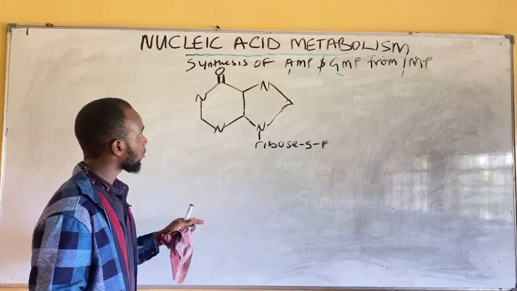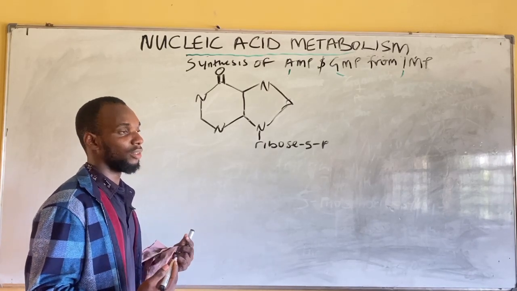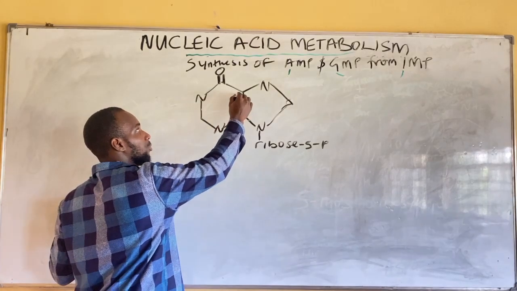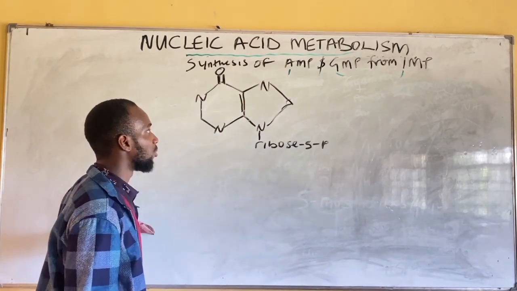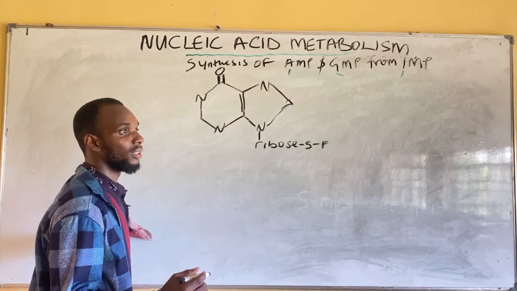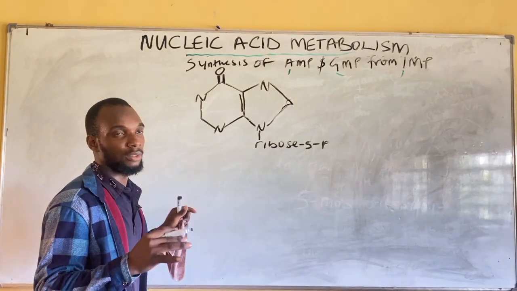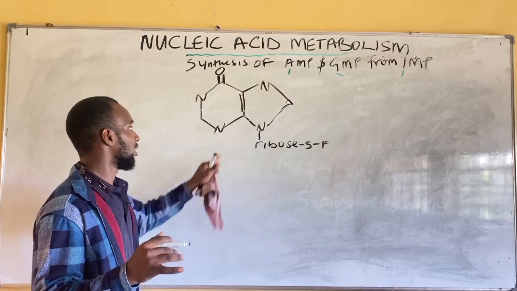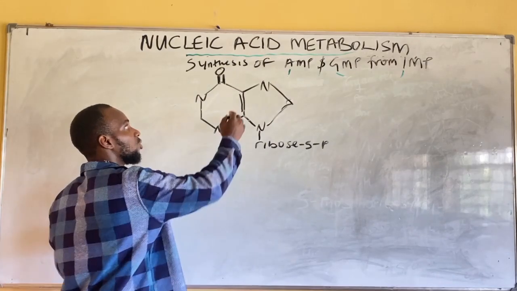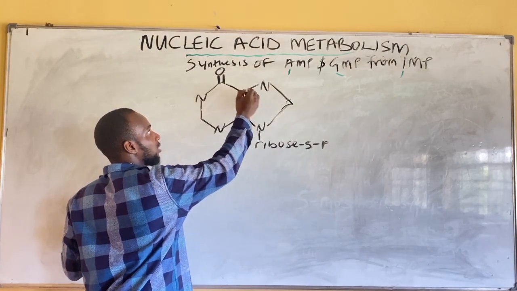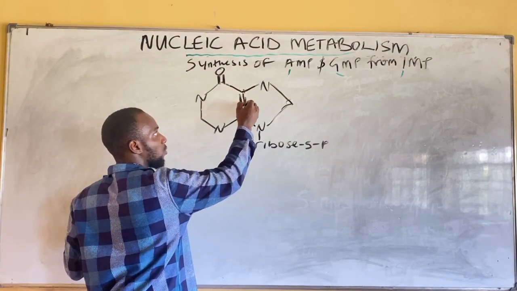Let me explain how I normally draw these structures. First of all, you put a double bond here. Remember that carbon has to bond with 4 atoms, there has to be 4 bonds with carbon. Nitrogen has to have 3 bonds. So the carbon here is bonded to 1, 2, 3, 4, so it's complete.